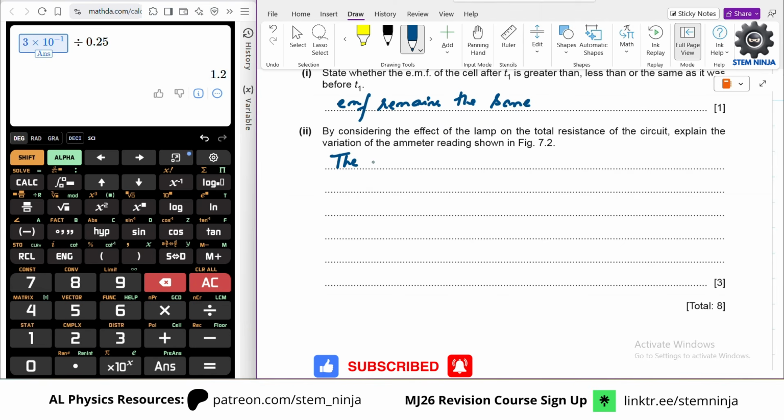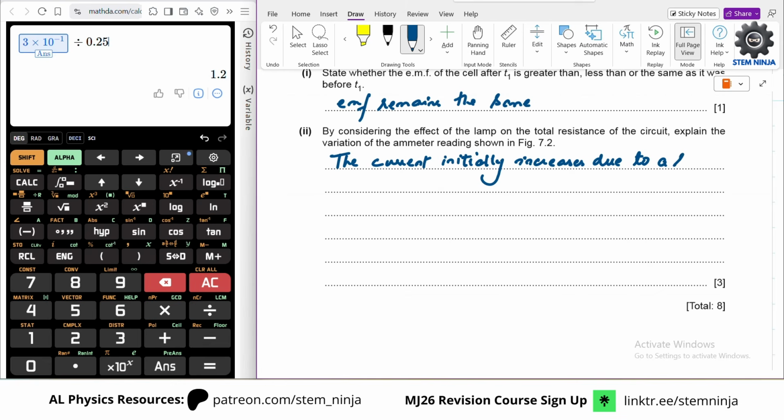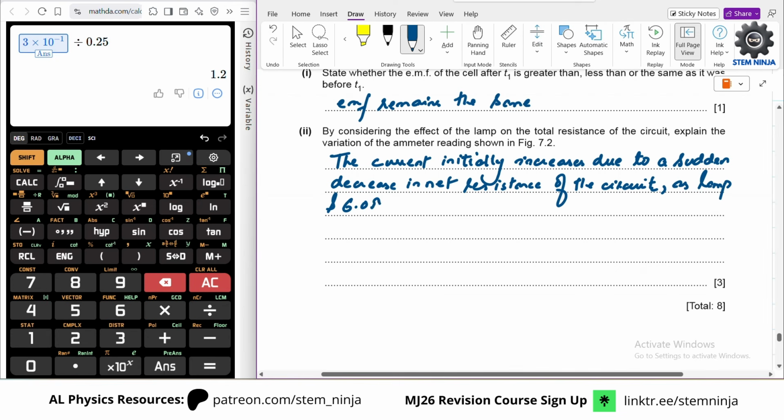The current initially increases due to a sudden decrease in net resistance of the circuit as a lamp and 6 ohm resistor are in parallel.